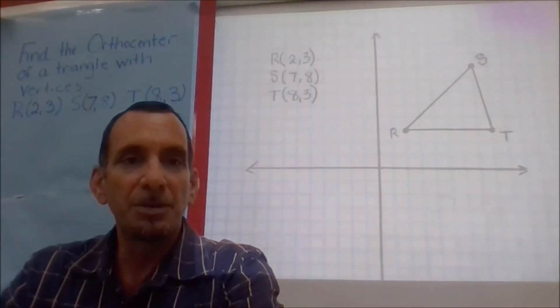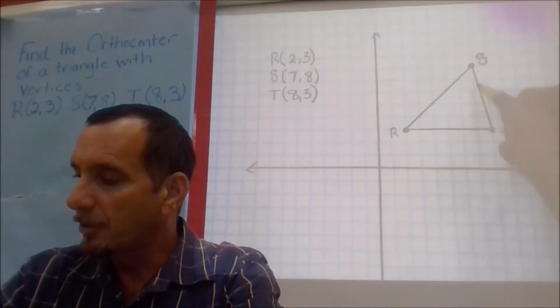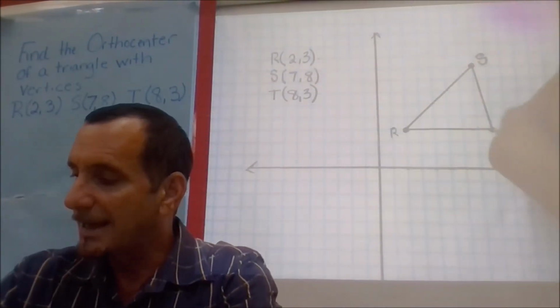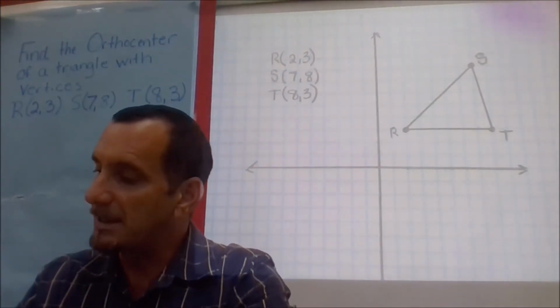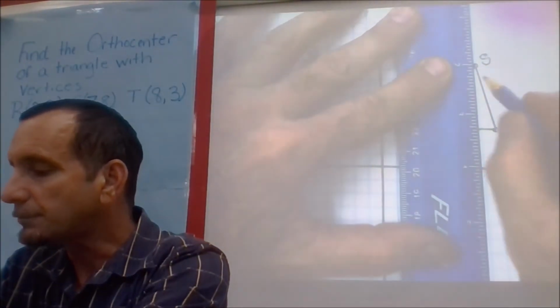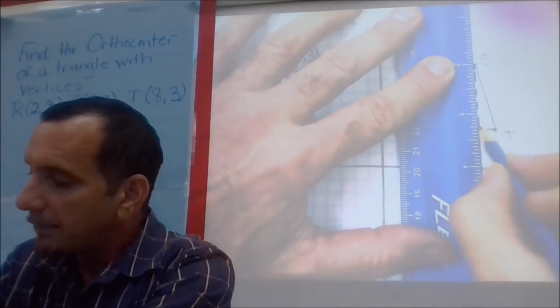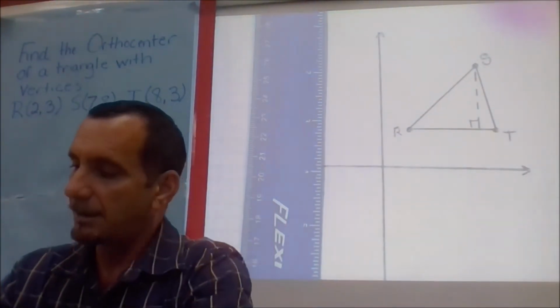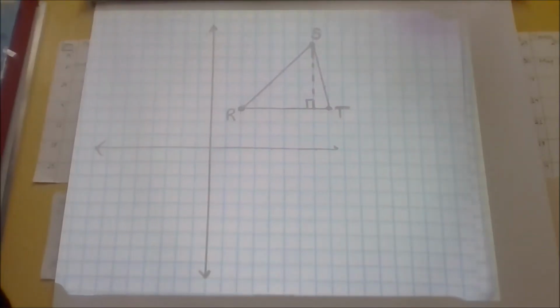Now we know the line that's perpendicular to RT is a vertical line and it goes to the opposite vertex. So the first and the easiest altitude that I'm going to draw is really the height of my triangle, and that's the first altitude. Well, that's the easy altitude.